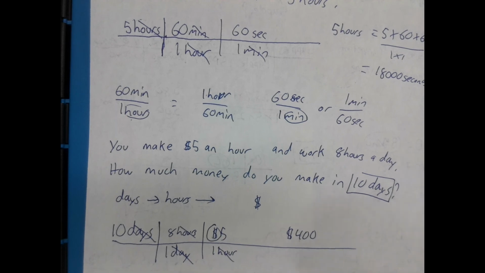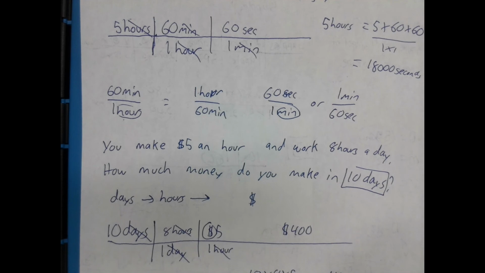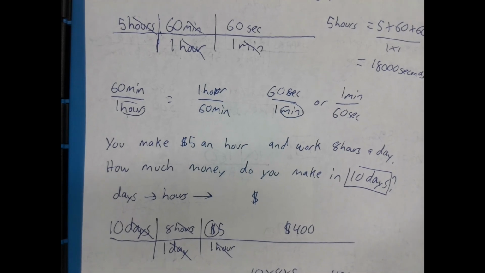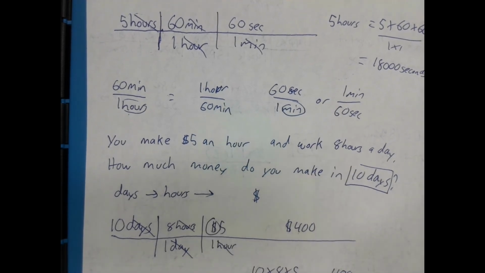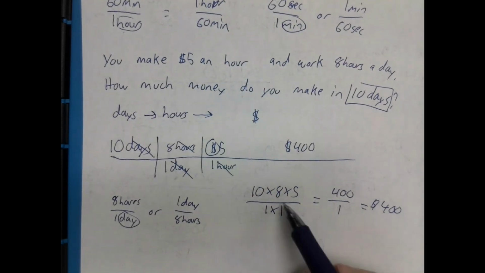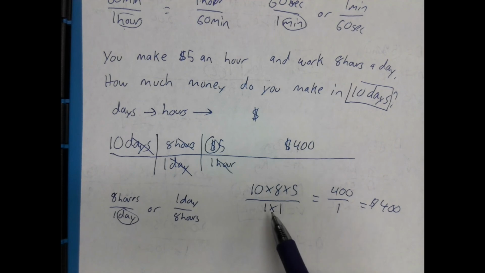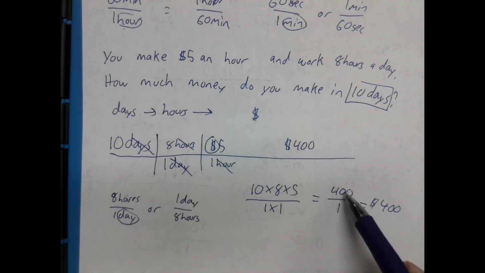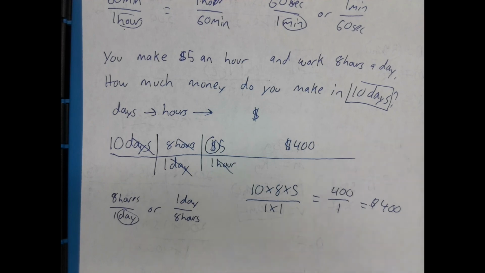So the top numbers are 400, the bottom number is 1, so this equals 400, and you're only left with dollar signs, so it's dollars, like that, sorry. So your top numbers all multiply together, your bottom numbers all multiply together, and then you just divide. Make sense?